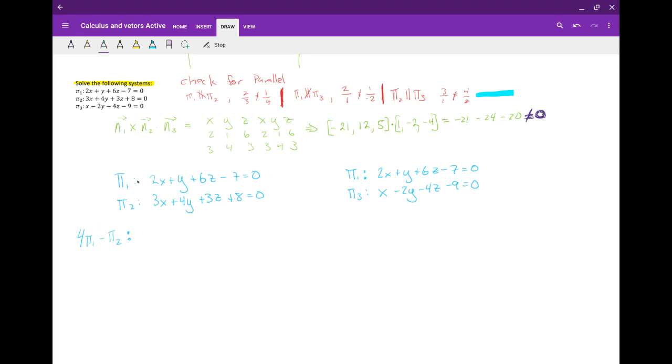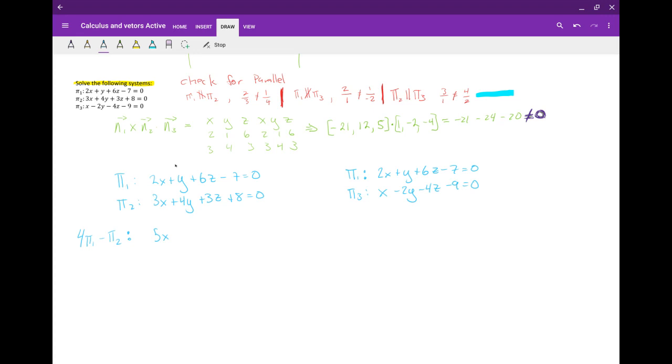Okay? So that means I'm doing 4 times 2, which is 8, minus 3, giving me a 5. Then I'm taking 4 times y, which is 4y, and then 4y minus 4y is nothing, so my y's go away.